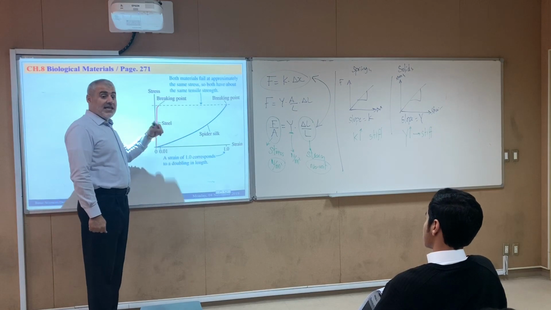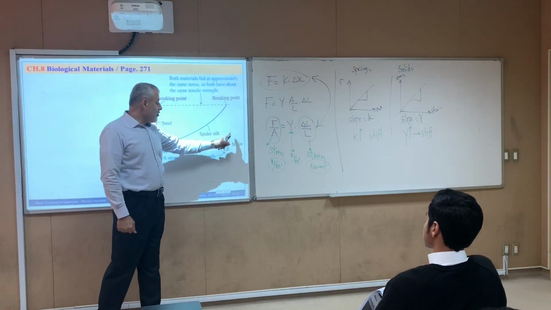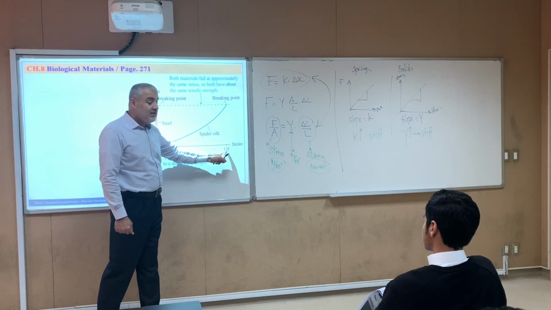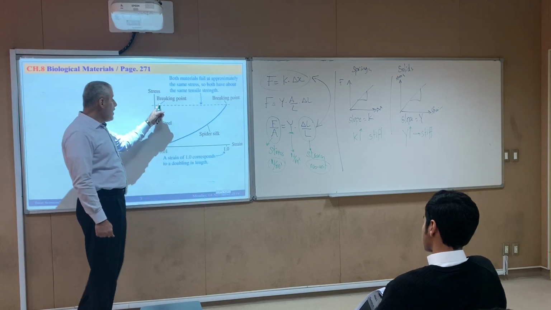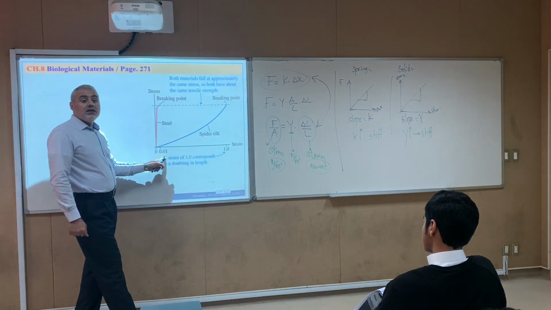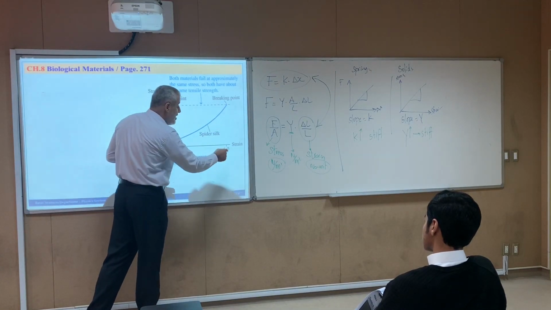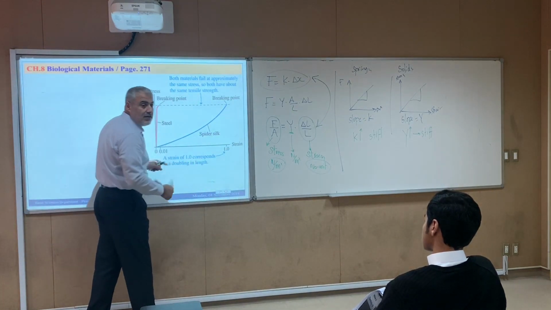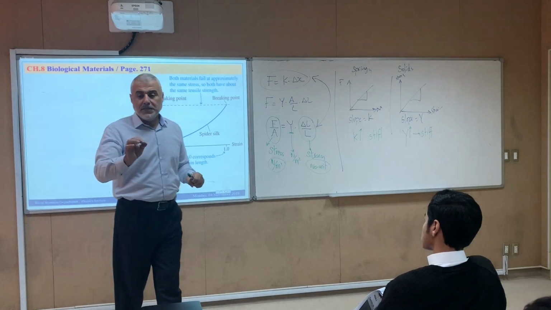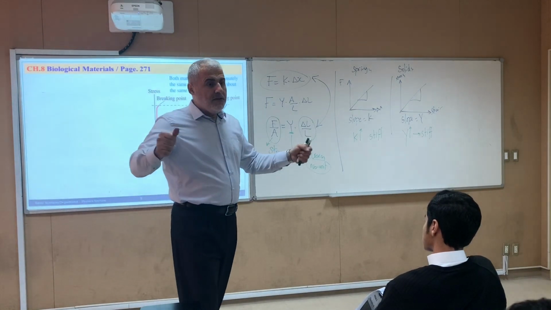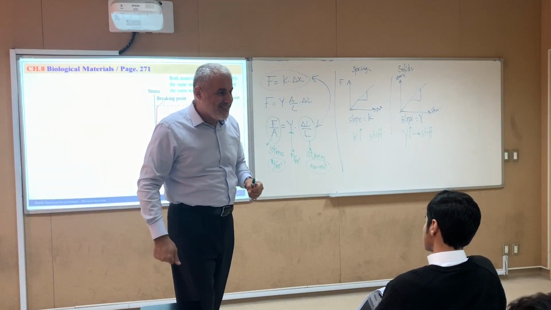The second one. Look at the strain of the silk, how much is it? It's at 1. How much is the strain of the steel? 0.01. If you compare between 1 and 100, that means this spider silk can deform 100 times more than the steel rod.